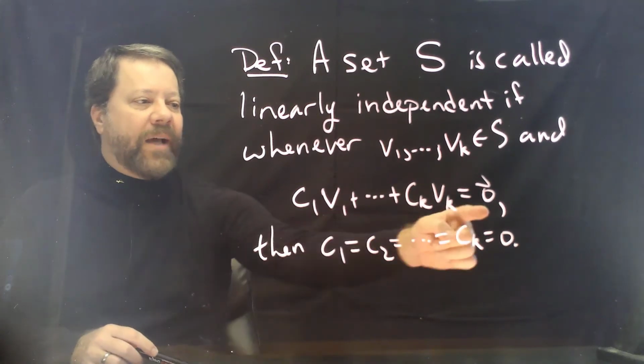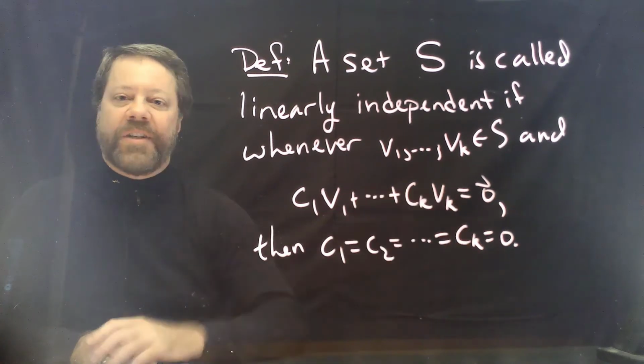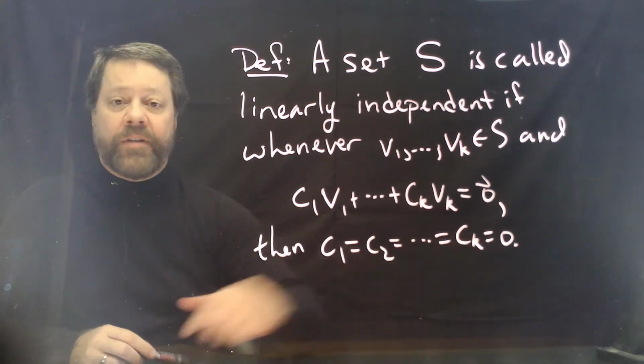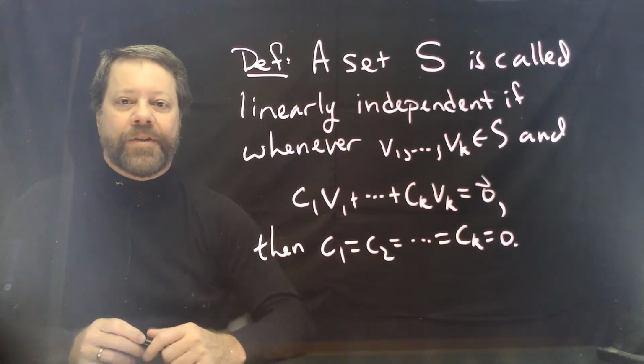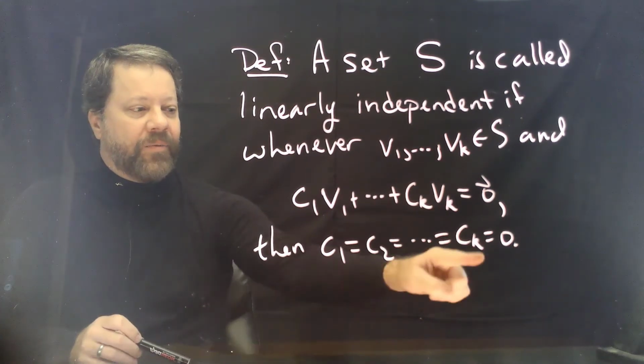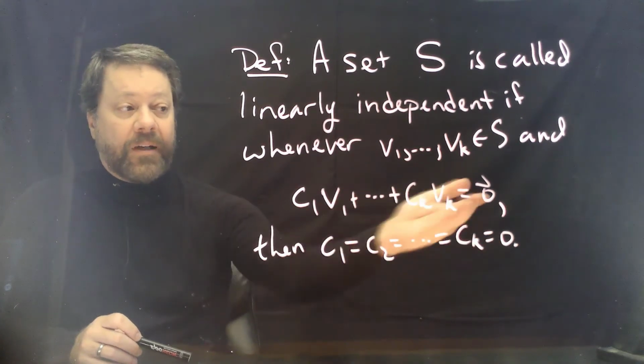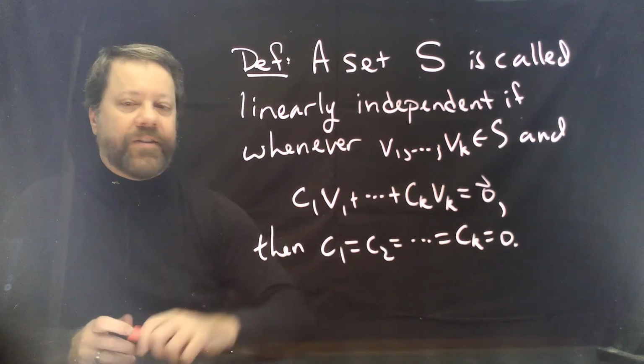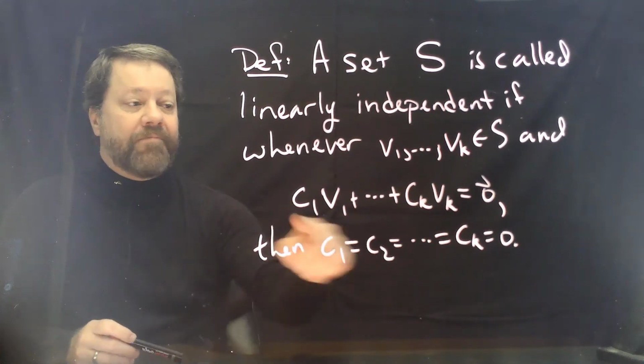The only way you can get a linear combination that adds up to zero is the trivial one, where all of the coefficients are zero. If the coefficients are zero, you clearly will get zero, regardless of what these vectors are. The trick is, that's the only one.